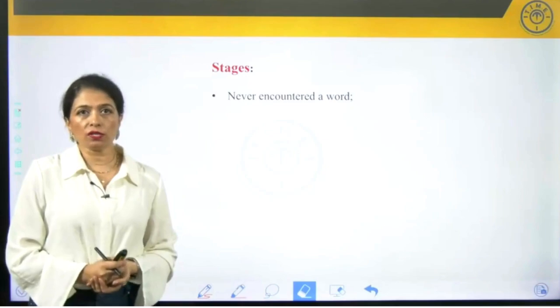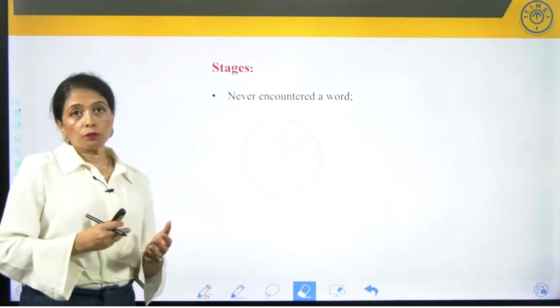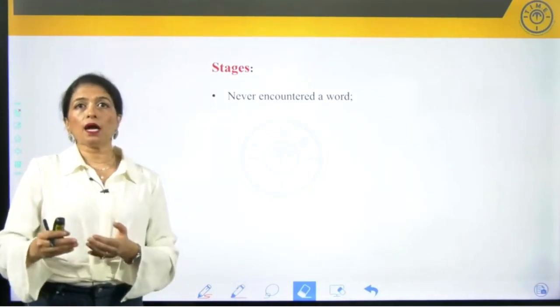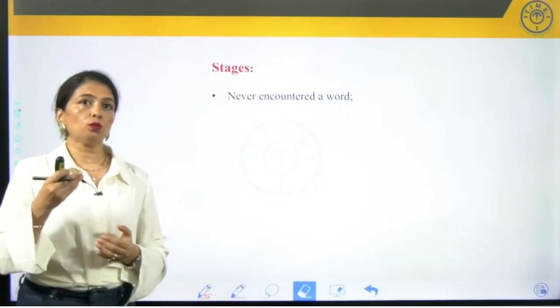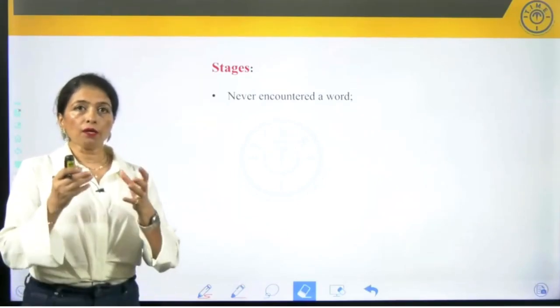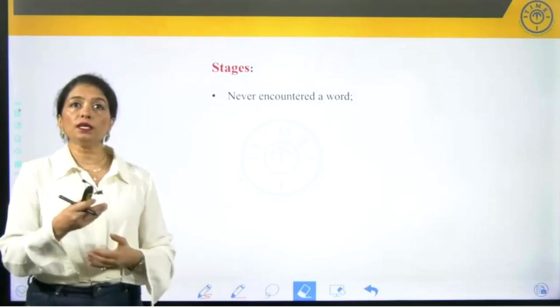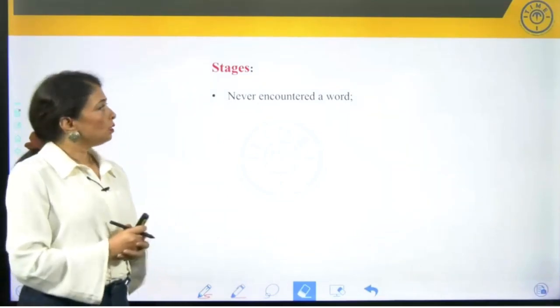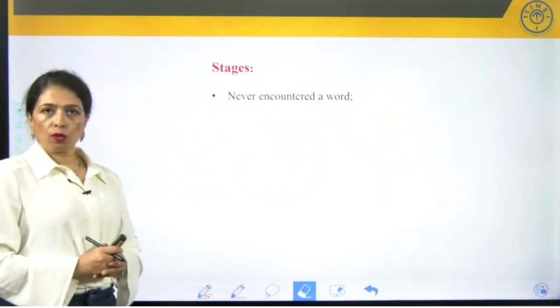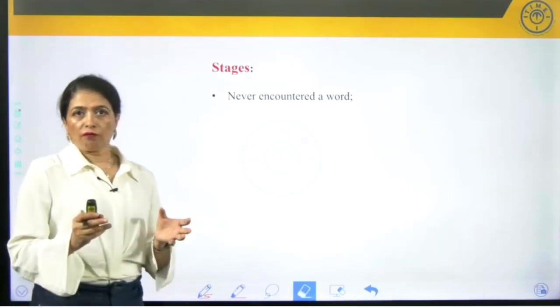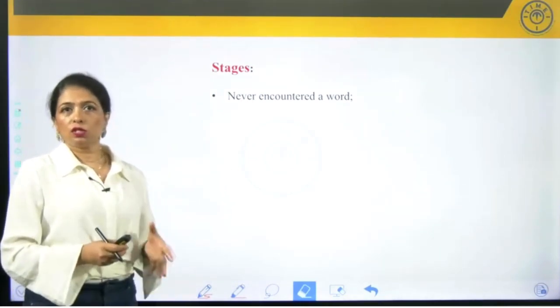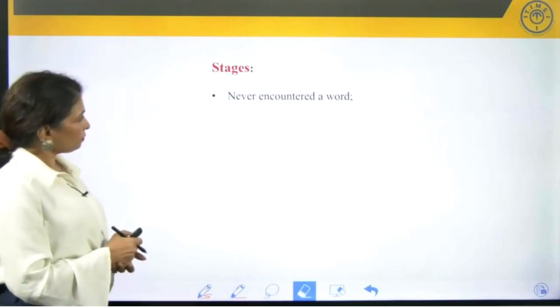So, this is the first stage. Now I'm taking you through a better understanding of not just what words or vocabulary is, but also the process of learning and imbibing new words. So, when we come across a word which we have never faced at all, this constitutes the first stage.